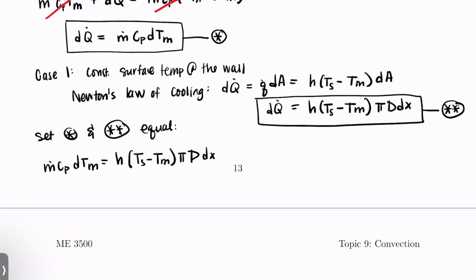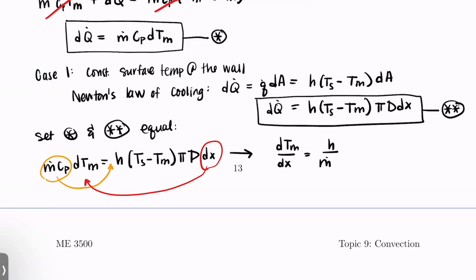I'm going to divide through by dx to get a differential equation, and move this over to the right-hand side and this over to the left-hand side. When I do that, I get dTm divided by dx equals h over m dot cp, pi D, (Ts minus Tm).